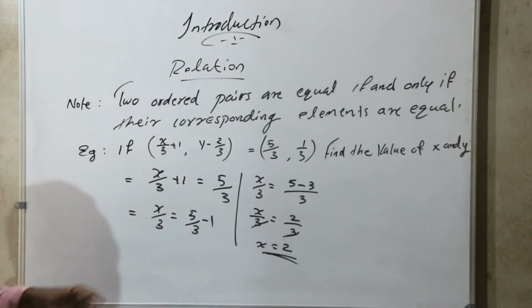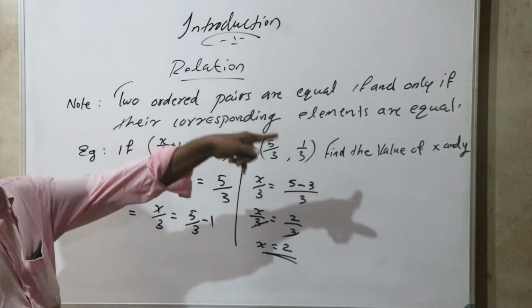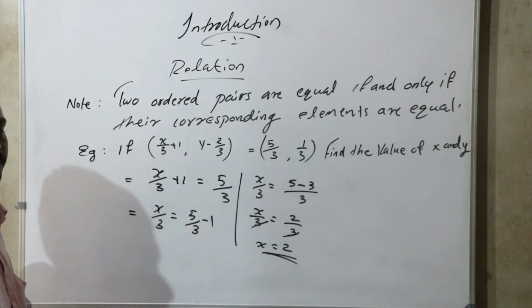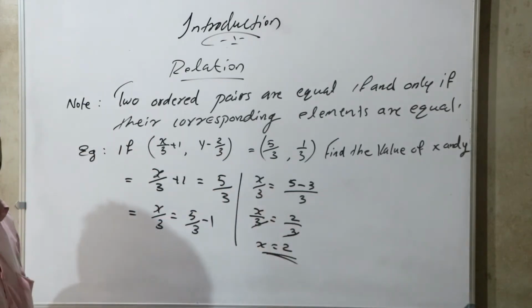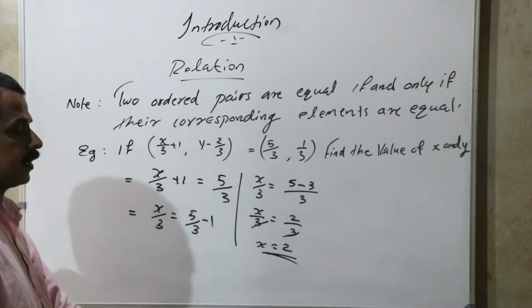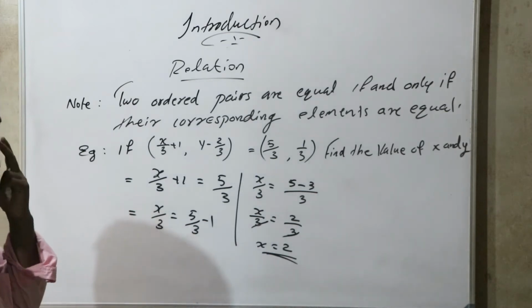Okay. x/3 + 1 is equal to 5/3. The positive 1 goes to the other side of the equation, the RHS. x/3 is equal to 5/3 minus 1. Positive 1 becomes minus 1.